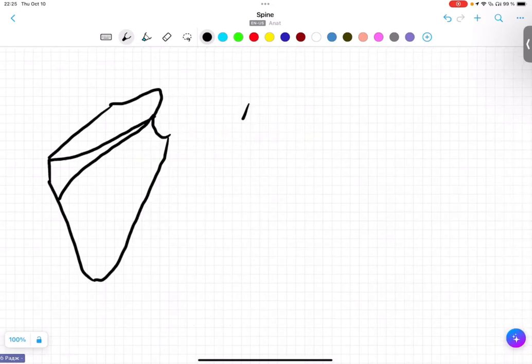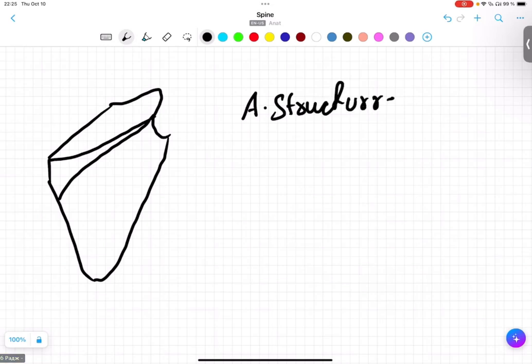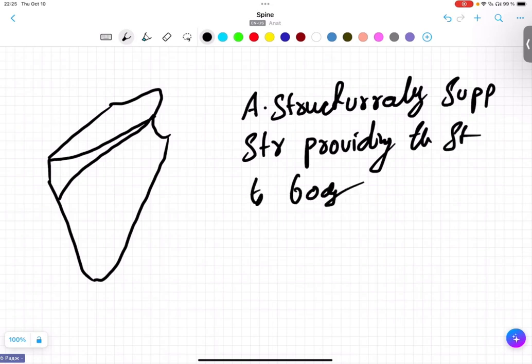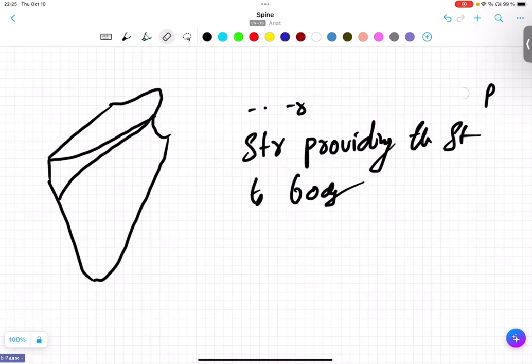It means a structurally supportive structure providing strength to the body. What are the features of the spine?